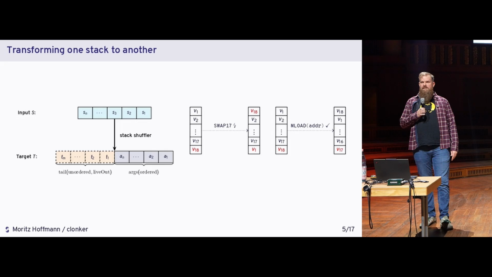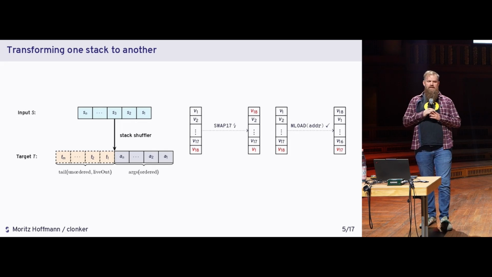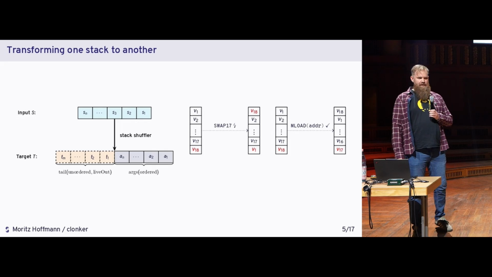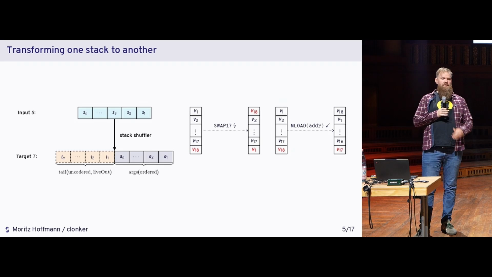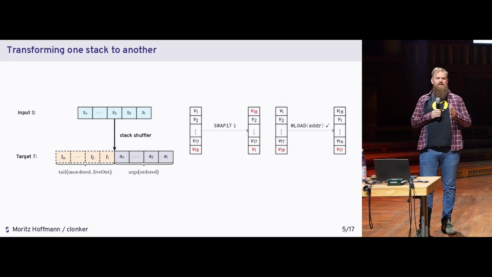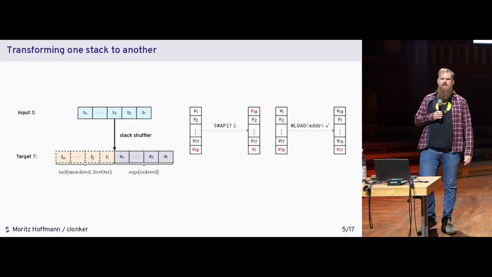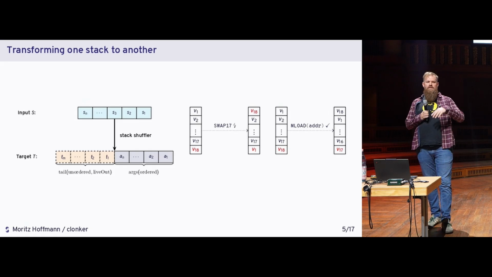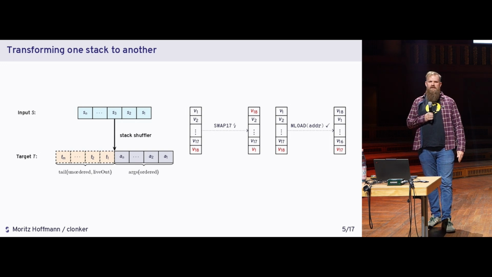So where does this stack too deep come in? And here I have a small example. So we have a stack with a V1 on top and then all the way down to V18. And we might want to change this shape of the stack symbolically to the V18 being on top and the V1 being at the bottom.